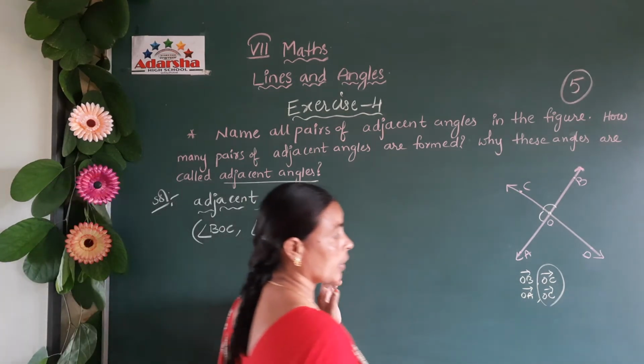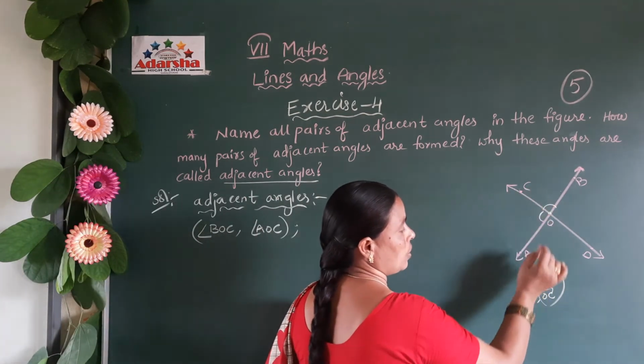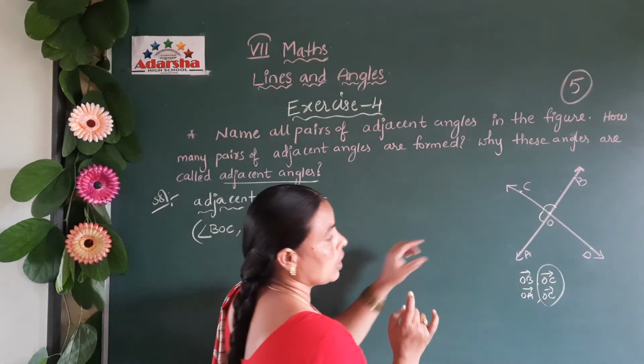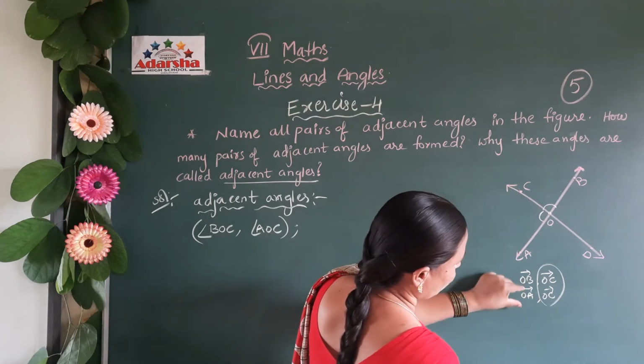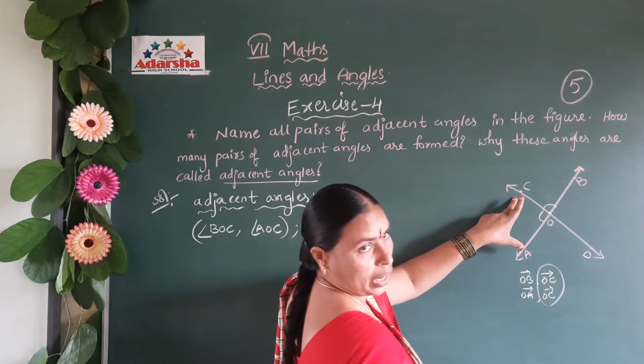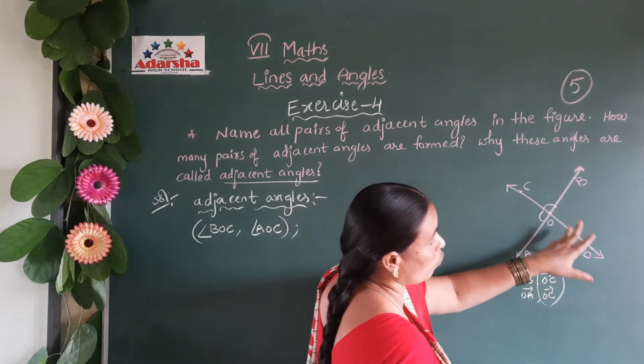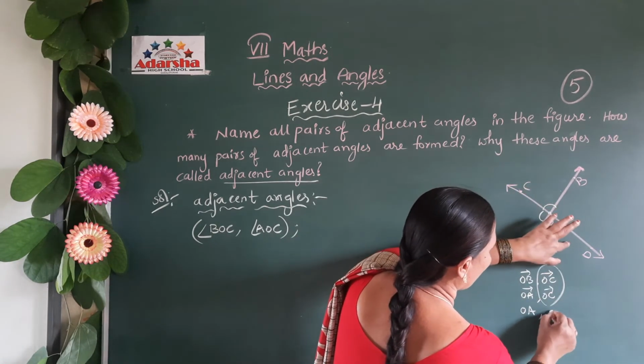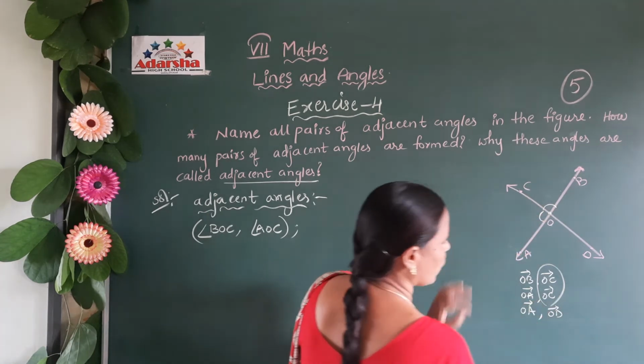Next, in angle AOC and angle AOD, O is the common vertex, and in angle AOC, OA and OC are the arms, and in AOD, OA and OD are the arms of the angle.